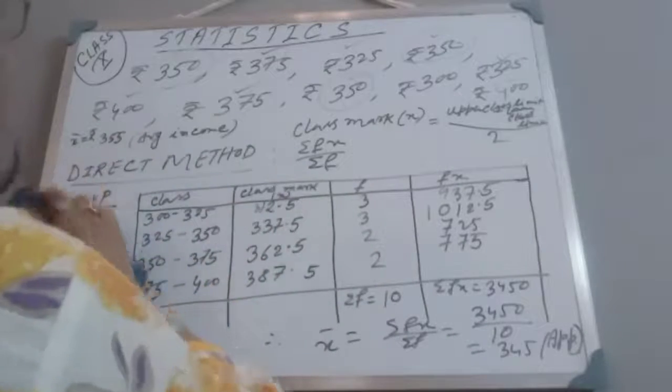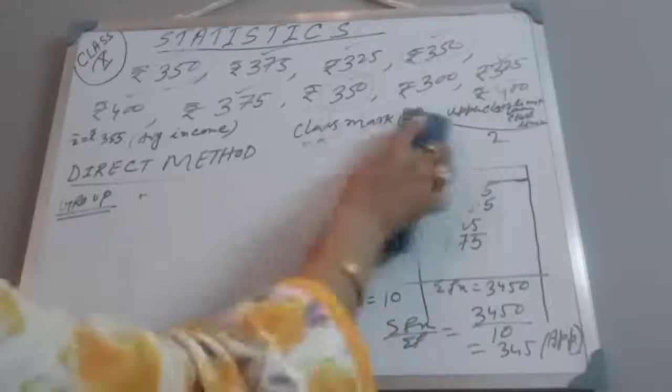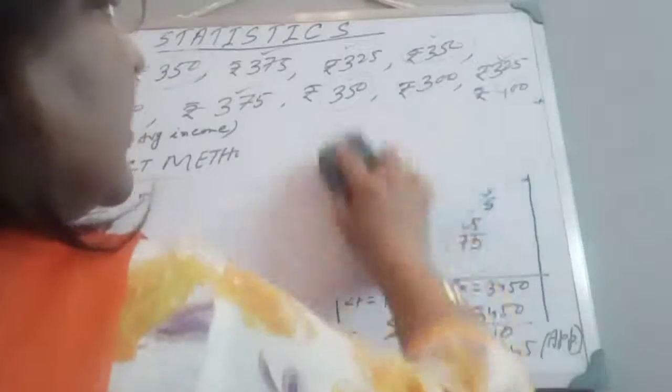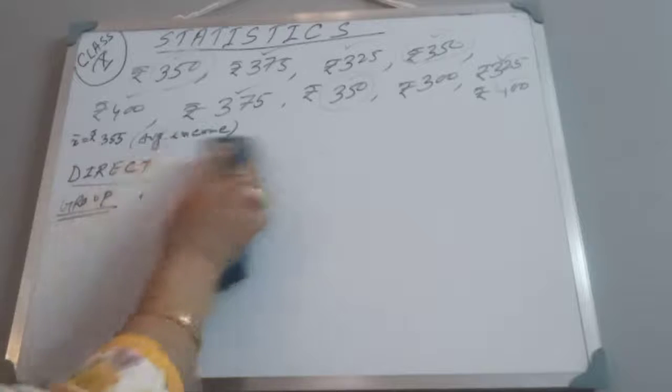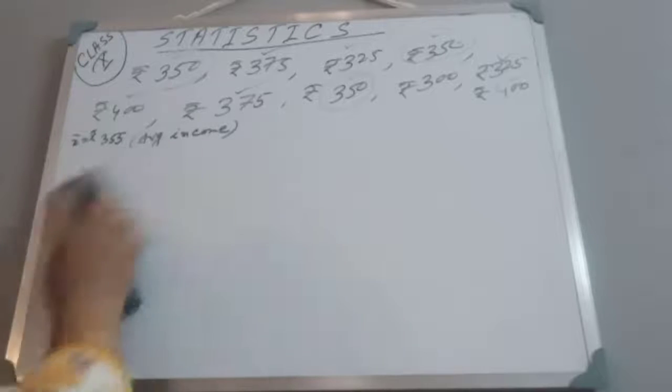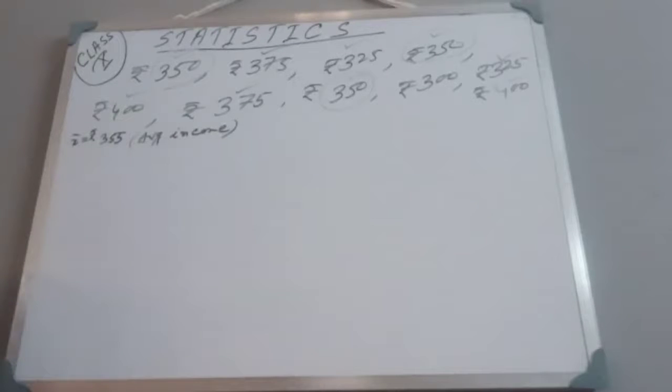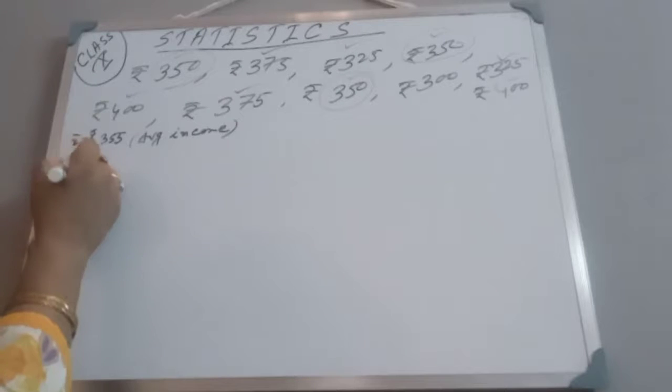Okay, let me rub the board. Next is the deviation method or short method or assumed mean method. It is a very, very important method.